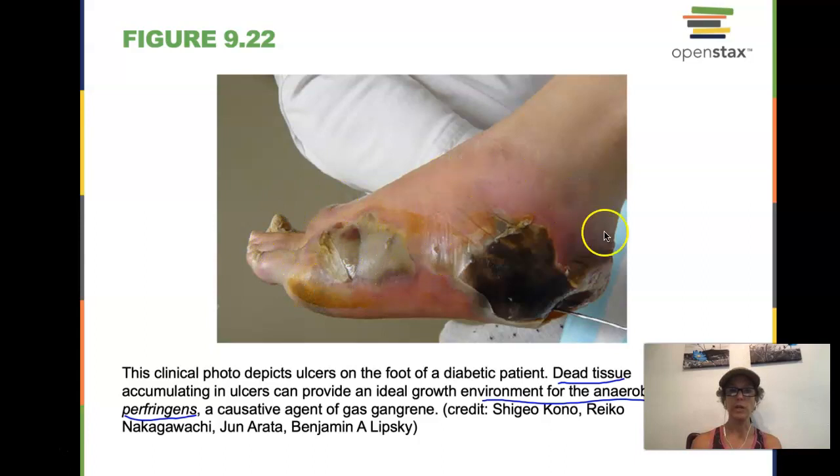There's enormous amounts of swelling in this poor person's foot because gas is being produced as that organism is metabolizing in their skin. Your book will always use the worst possible image for any type of medical condition, so it's pretty obvious which condition it is. But this definitely can happen.